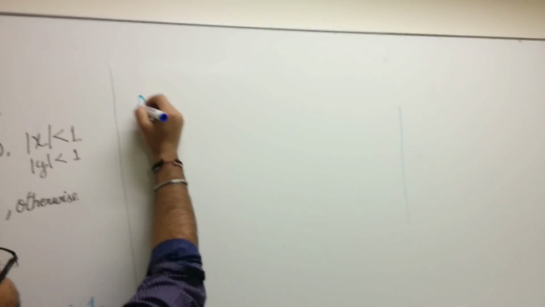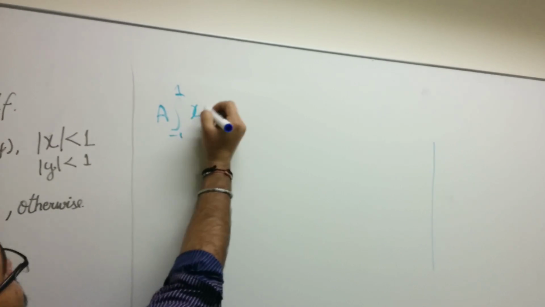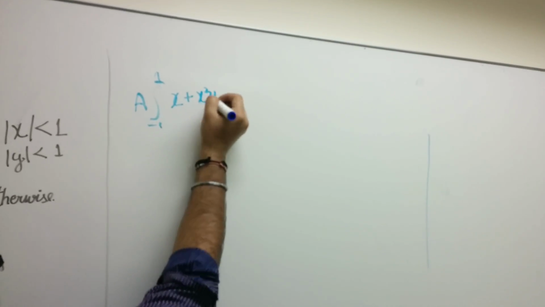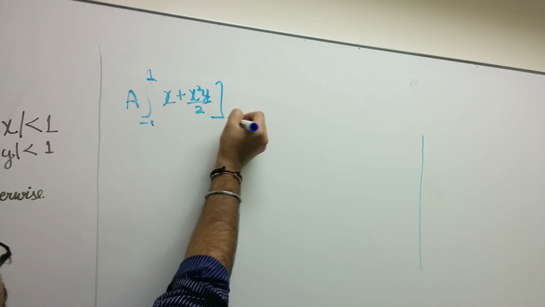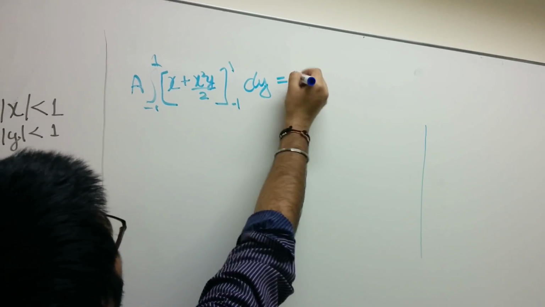On integrating with respect to dx, we get x plus x square y by 2, value from -1 to 1, integrated with respect to dy, equal to 1.